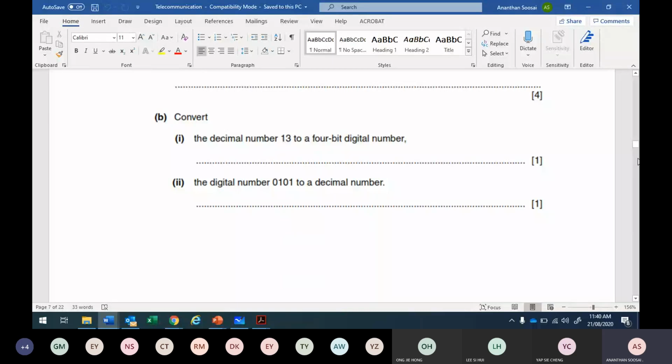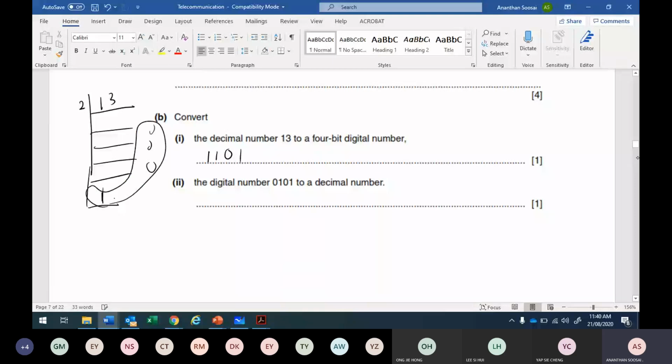So anyone? So how do you do? So put the 13 here. 1101. All of you got this. Okay, good. You must divide up till you get 1. Then another 3 digits at the side. You must use it as your binary code.